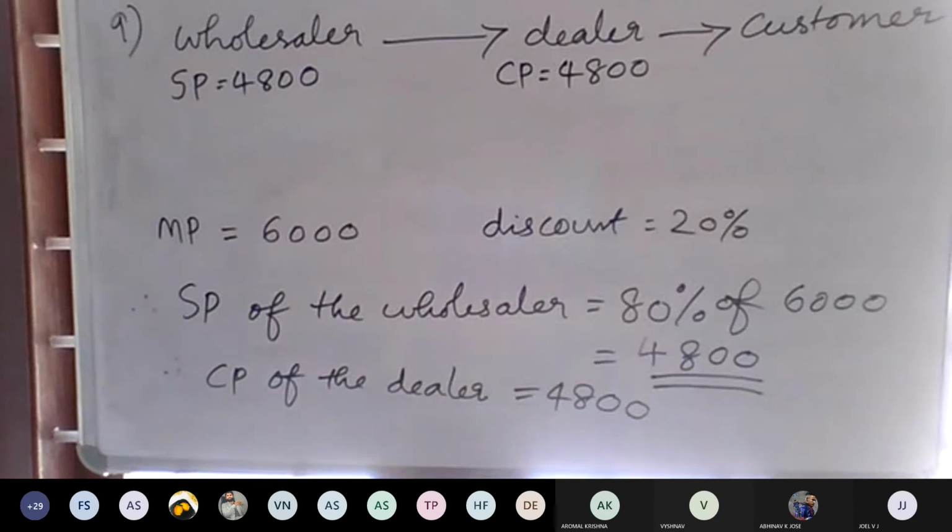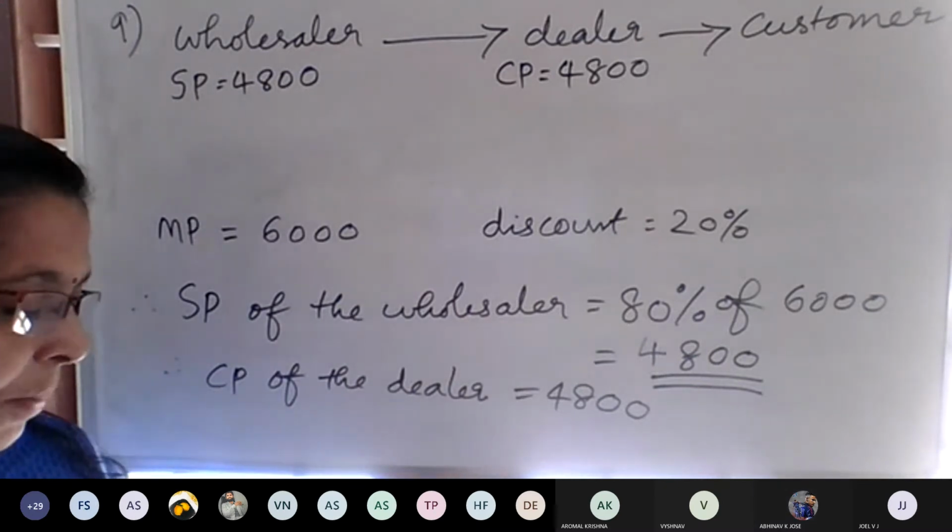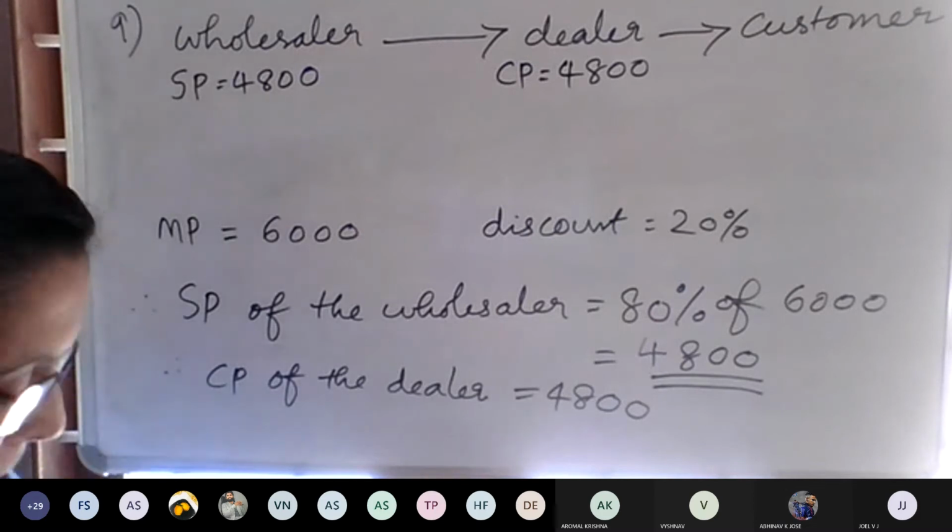Next, read the question. The dealer further sells the article to a customer at a discount of 10% on the marked price.